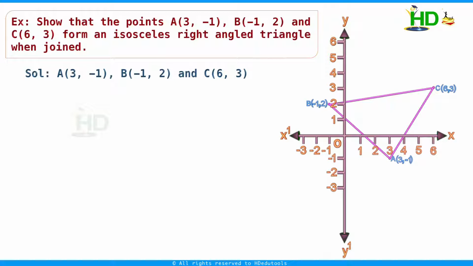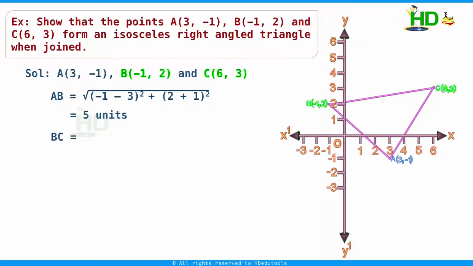The points given are A(3,-1), B(-1,2), C(6,3), and you find the values of AB, BC, AC. AB, the distance between the points (3,-1) and (-1,2), is the root of (-1 minus 3) whole square plus (2 plus 1) whole square. This we get 5 units.